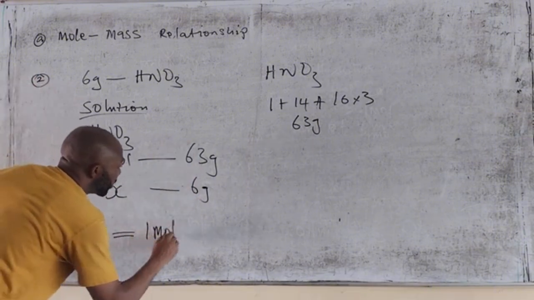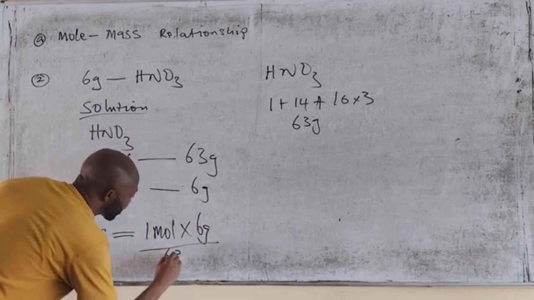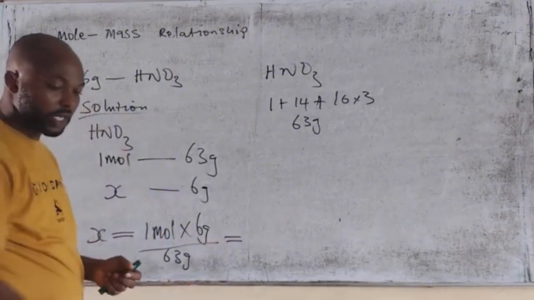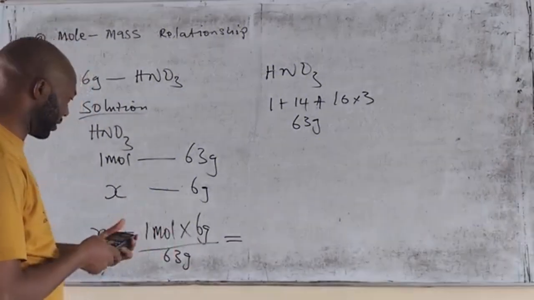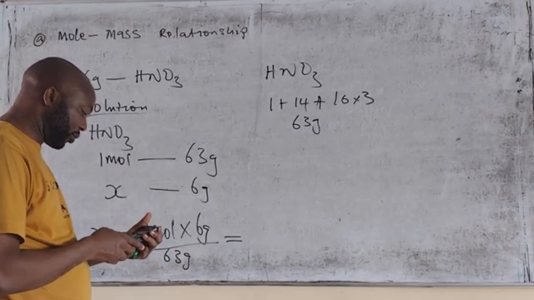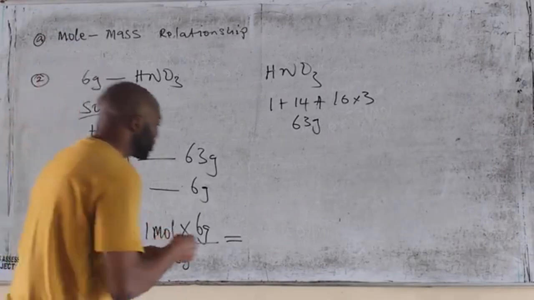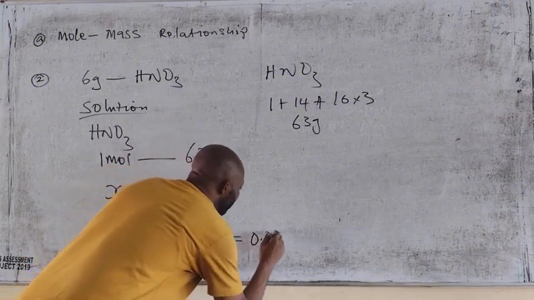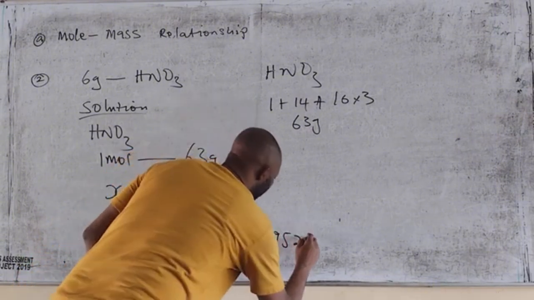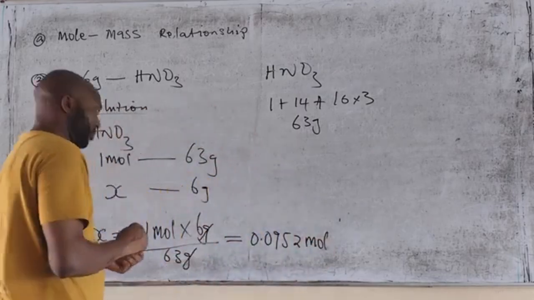So 1 mole times 6 grams divided by 63 grams, and we just call it 6 divided by 63, which gives 0.0952 mole. Because the gram cancels.